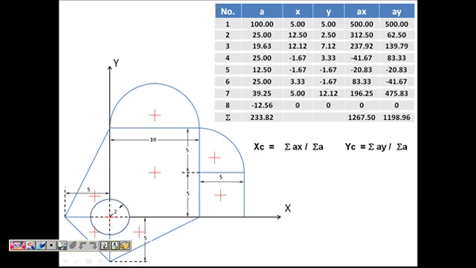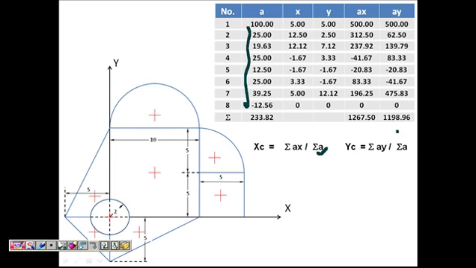So when we say sigma a, what we are going to do is take all this and add up. You have your sigma a out here.